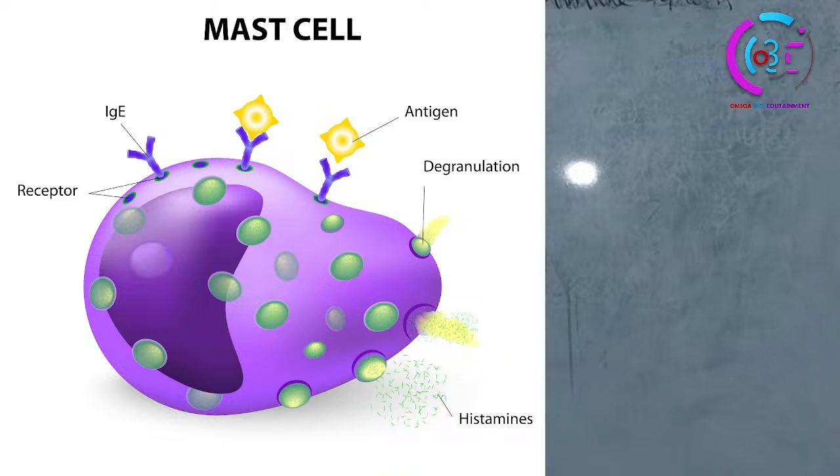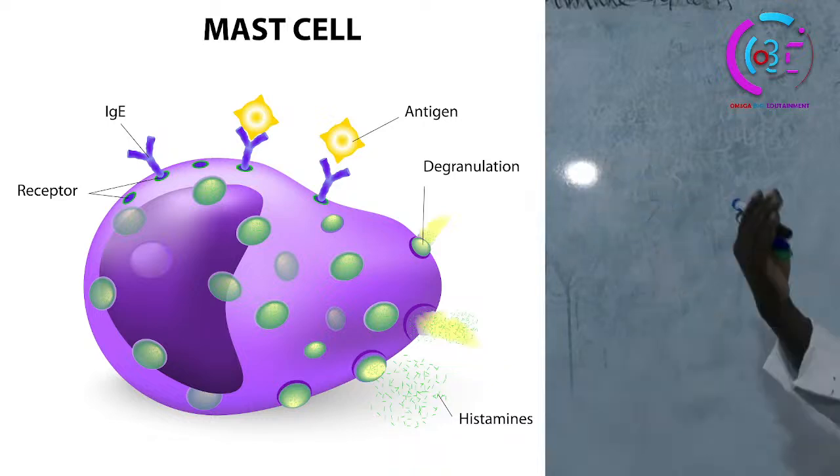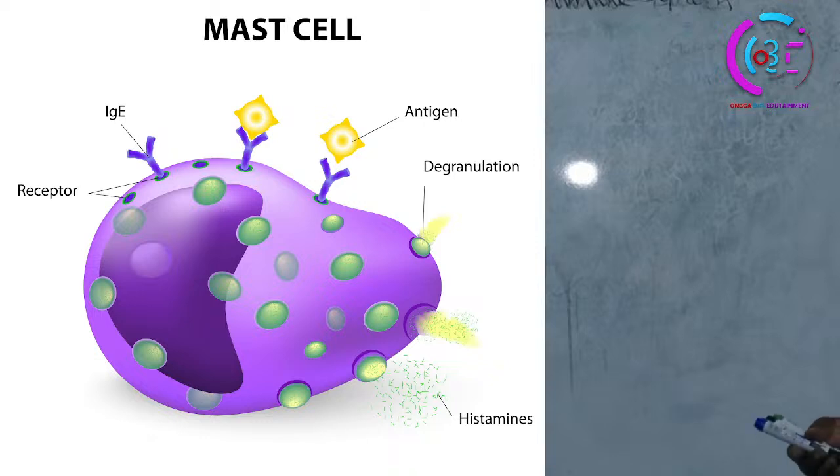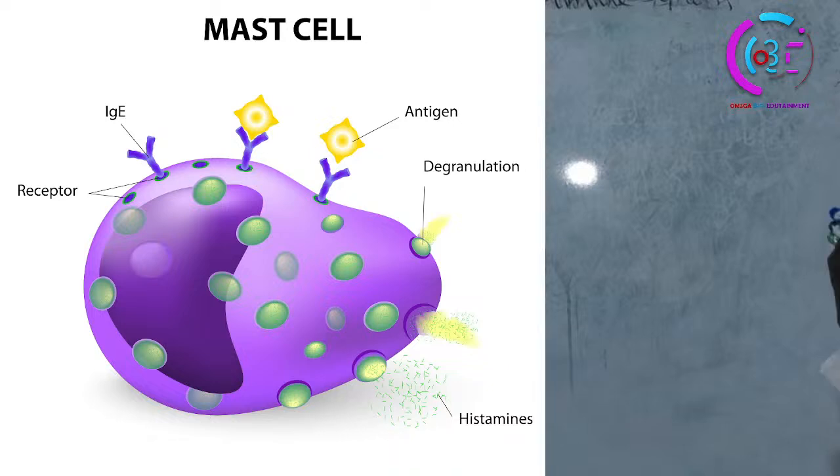Then we looked at the mast cell, which creates histamine, and the histamine will trigger symptoms of that infection, so that the body will continue to put up that symptom.